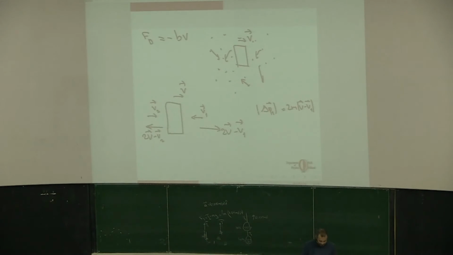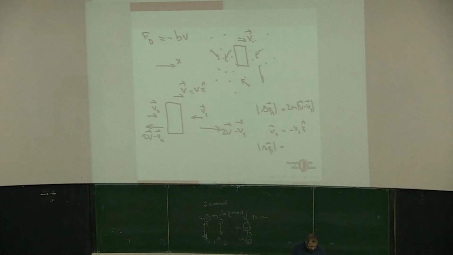How come? Okay, let's write this in terms of components. So this is my x direction. So v1 is equal to minus the magnitude times x-hat. Okay, so delta P1 and v is equal to v in the x direction.